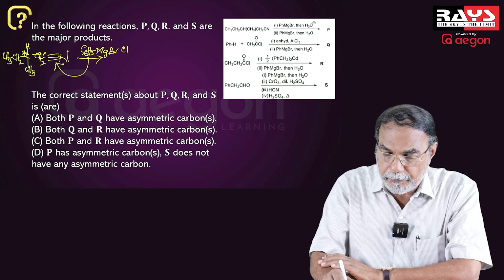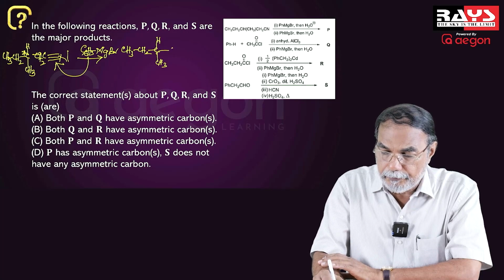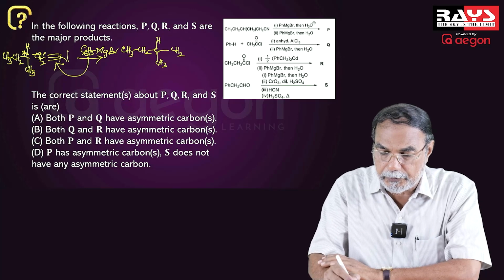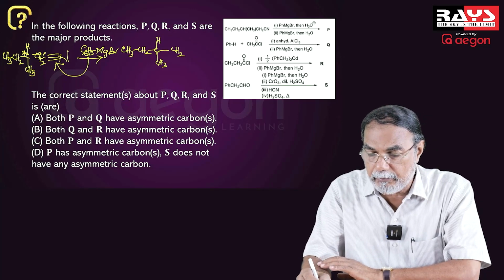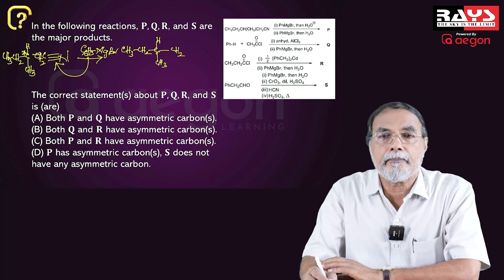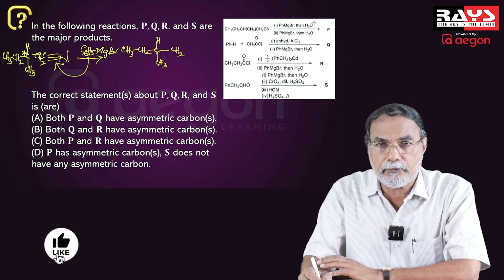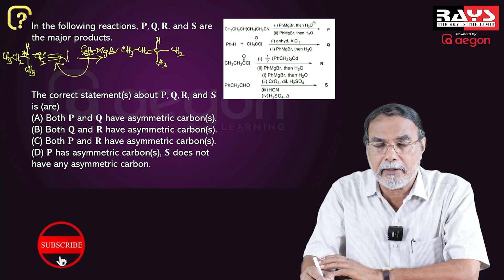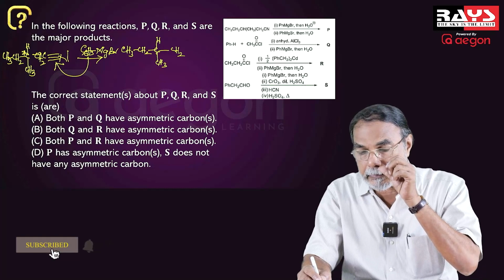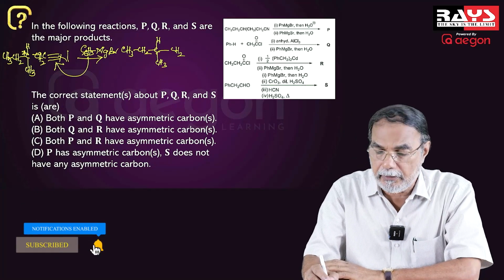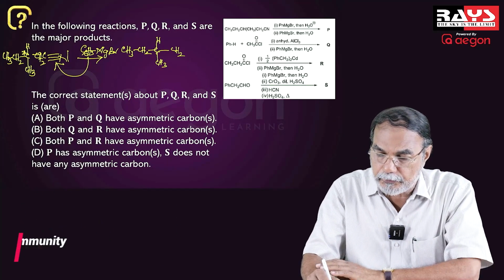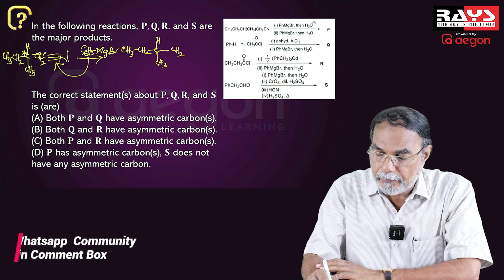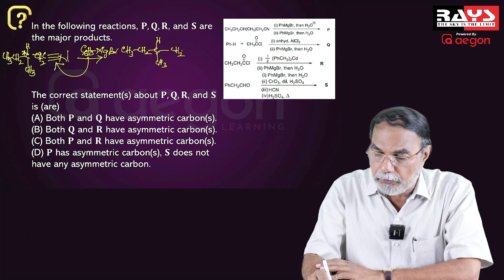The first step, it is CH3, CH2, CH, CH3, CH2. Then to the C triple bond N, phenyl magnesium bromide is added, followed by hydrolysis. And the product is a ketone.